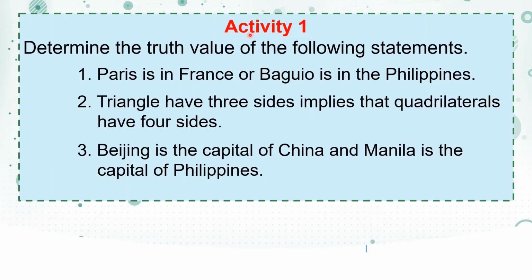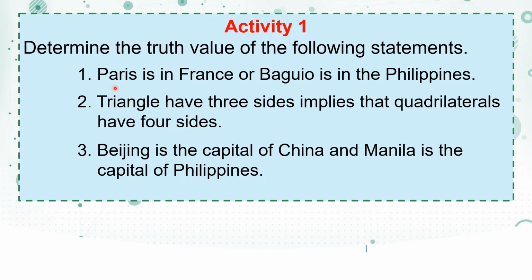Let's solve activity number 1. Determine the truth value of the following statements. Number 1. Paris is in France or Baguio is in the Philippines. So the logical connector used is or. So this is a disjunction. And the truth value of a disjunction can only be false if each proposition is false.